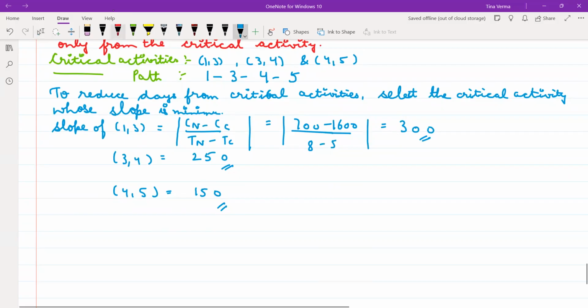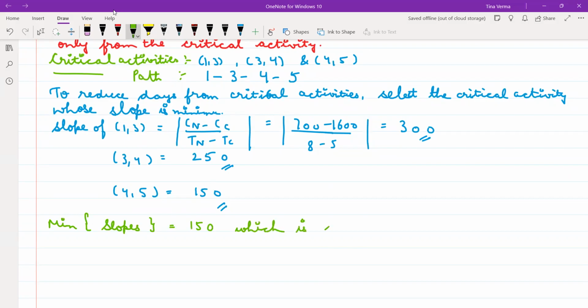So the minimum slope is of activity. This is your 150, which is corresponding to your activity 4, 5. Is it clear?